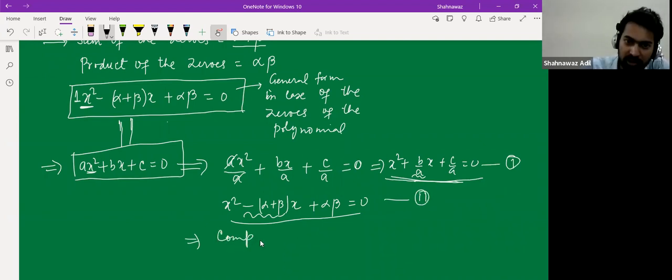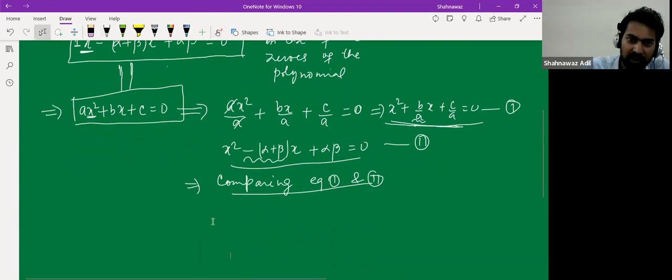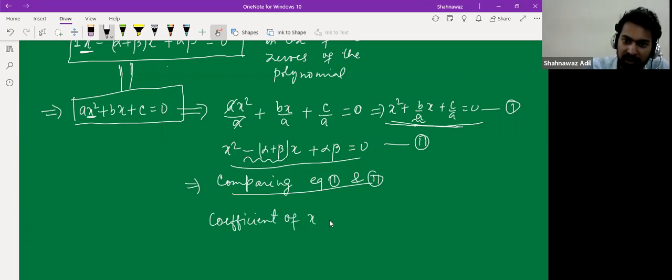Comparing equation 1 and equation 2, the coefficient of x in equation 1 is b by a.